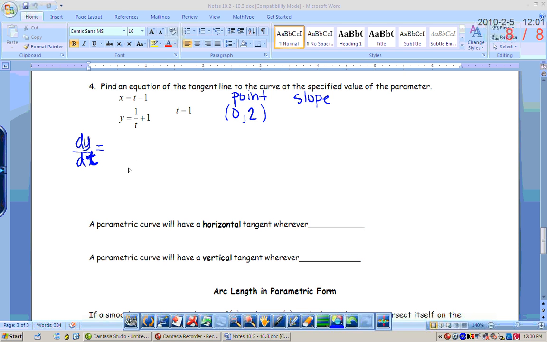So dy/dt is going to be, yep, and dx/dt is going to be 1. dy/dx is negative t to the negative 2 over 1.